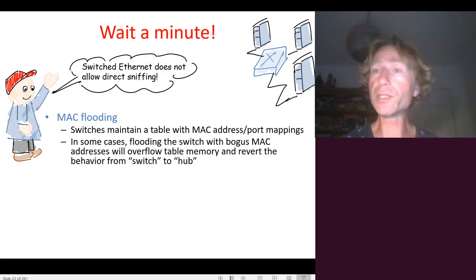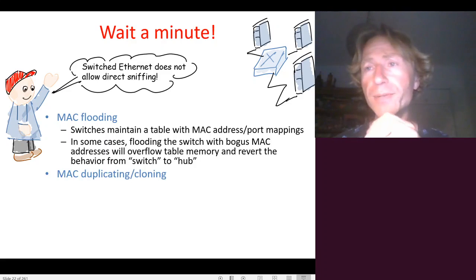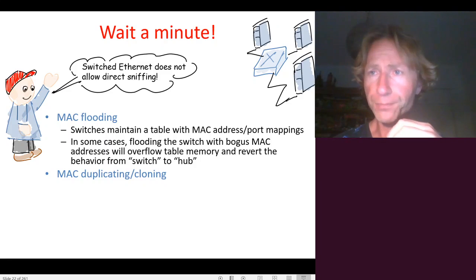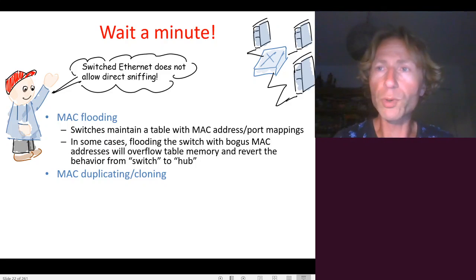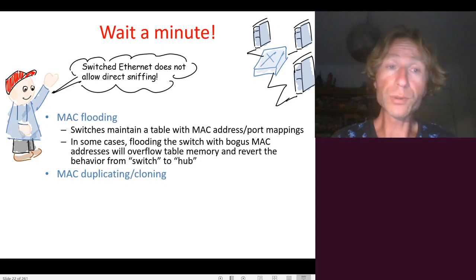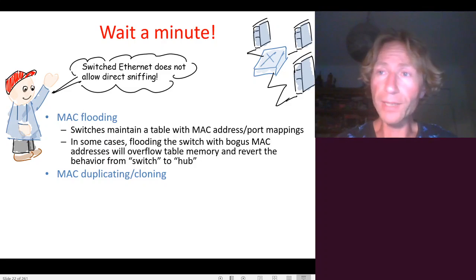Okay. Another thing that you can do is, if the attacker knows the MAC address of the victim, the host that it wants to receive the data of, what it could do is impersonate it, right? So just do MAC duplicating or MAC cloning. You send an Ethernet frame with a spoofed MAC address of that victim, and the switch is going to see that.